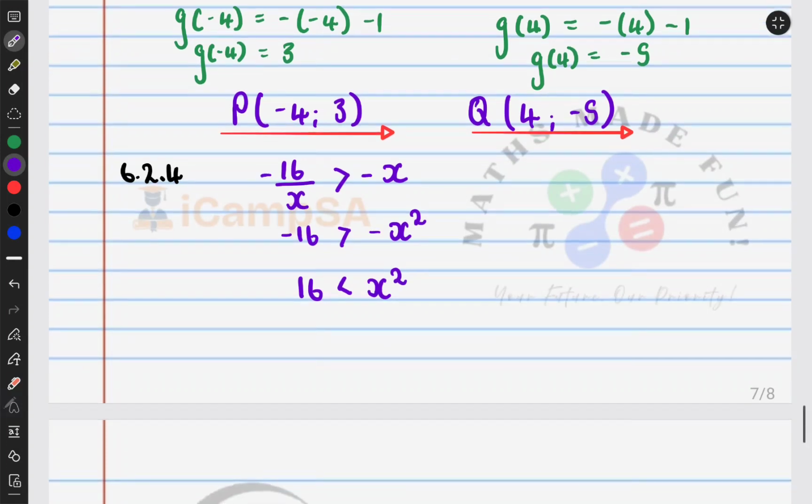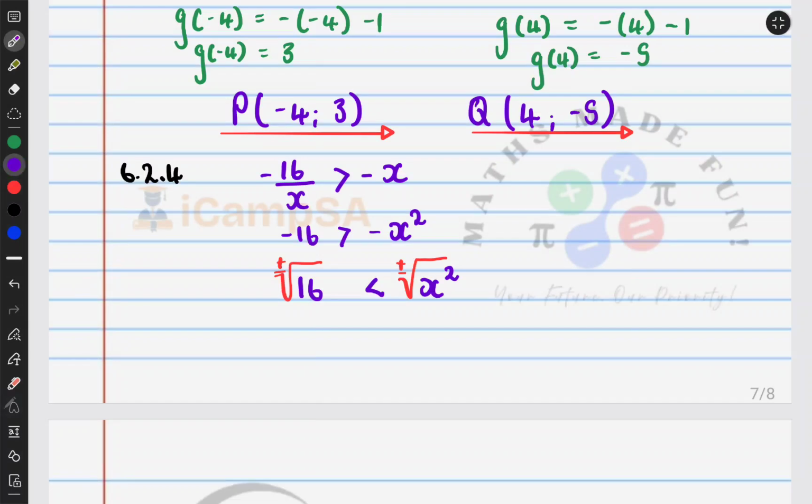Okay, and then what do we do? We introduce a square root to find the critical values. So x squared, introduce a square root on both sides. So we have a negative and a positive square root.